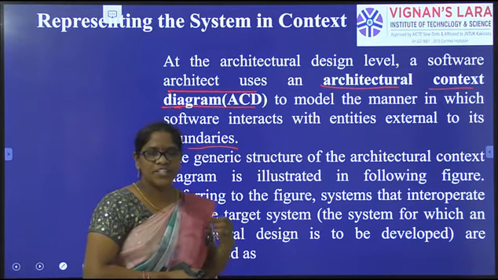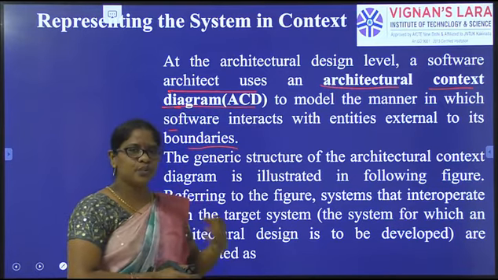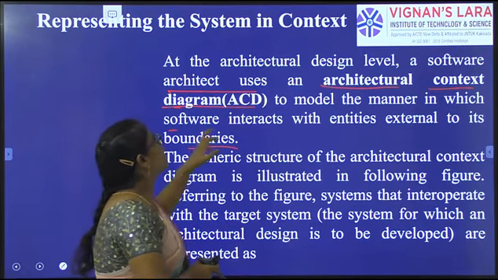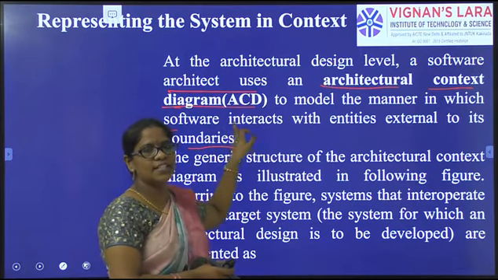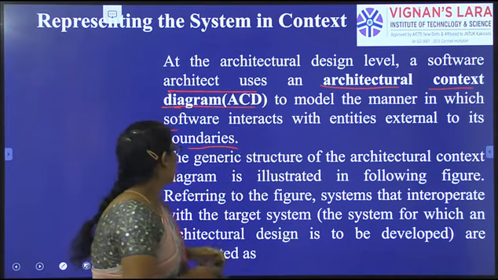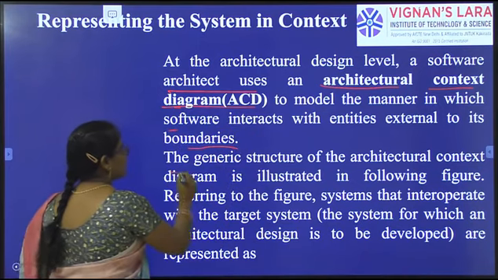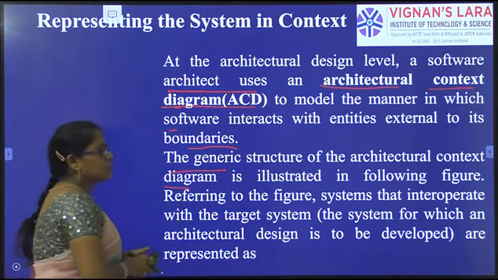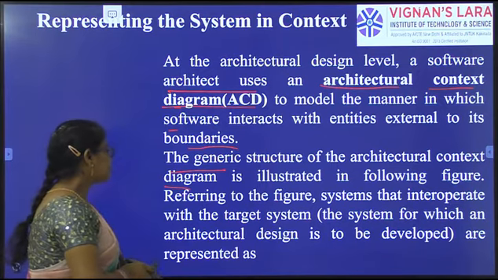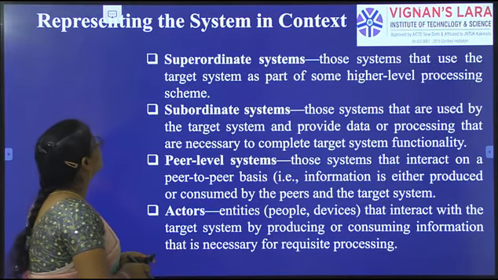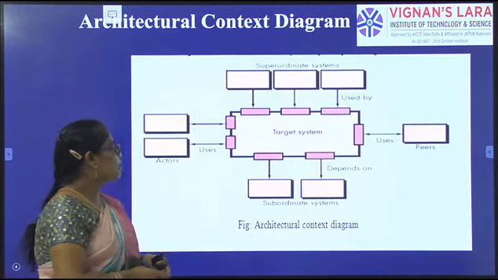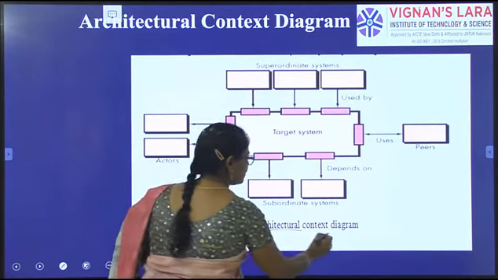In order to draw the architectural design, we have to know this language, the architectural context diagram (ACD). The generic structure of the architectural context diagram is in a figure we will have to see. This is a diagram of the architectural context diagram (ACD).